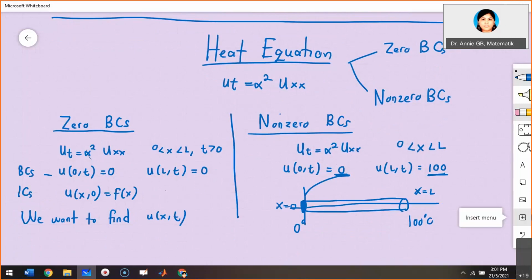So look at the interval now, 0 dengan 100. The boundary condition is now non-zero, instead of 0 here and 0 here. We call it zero boundary condition, non-zero. Salah satu. Kalau dia bukan 0, kita panggil dia non-zero boundary condition.